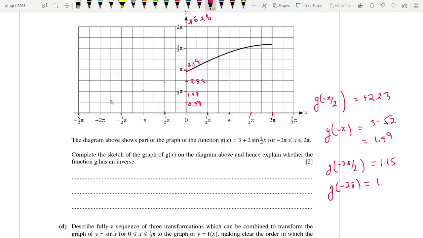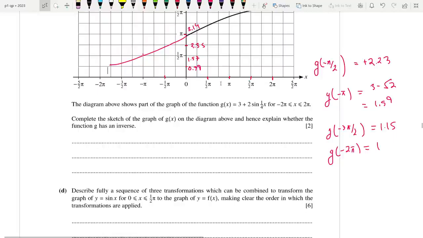It's so hard to draw. So essentially this is the graph, something like this. It would be easier if I had a pencil. Let's try to draw it in one line. Something like this. Now explain whether it has an inverse.